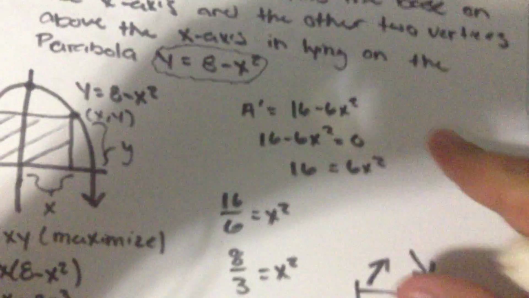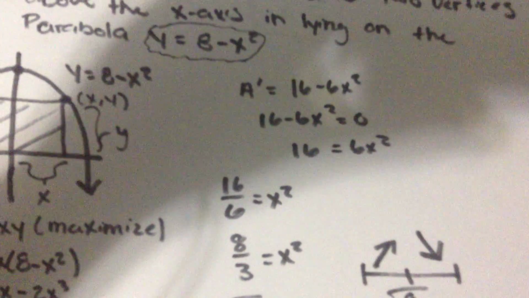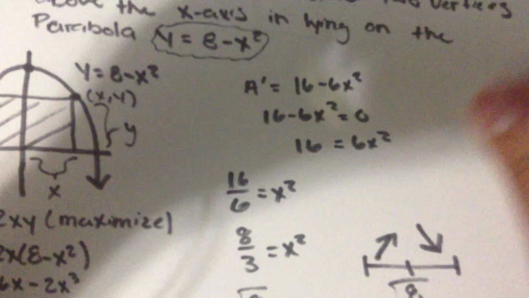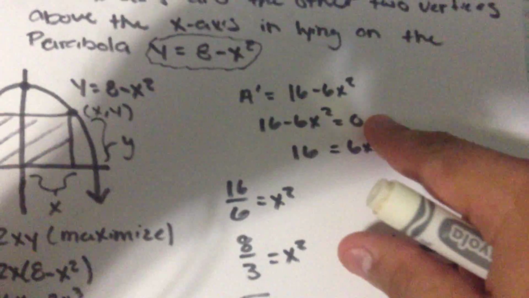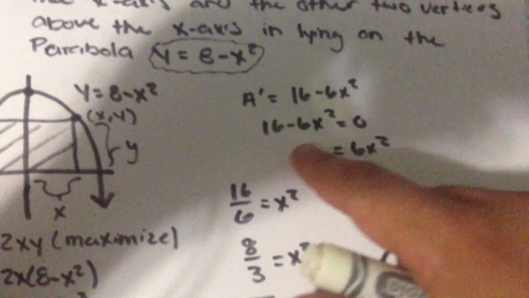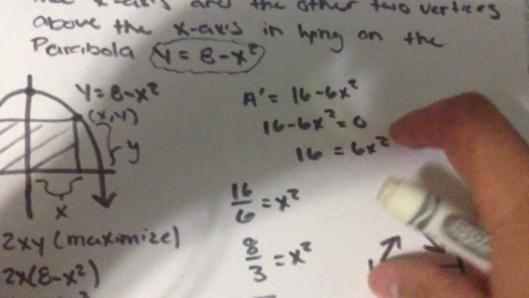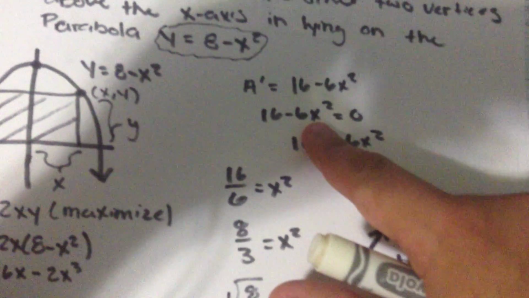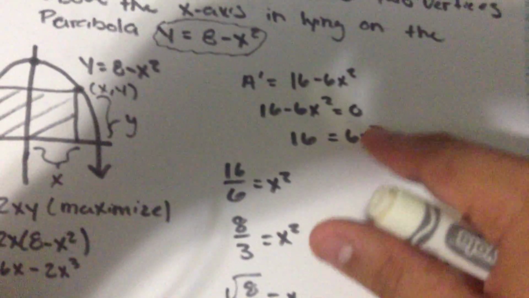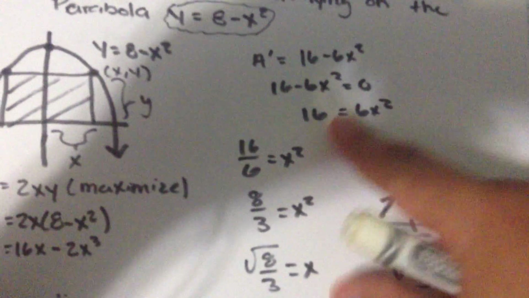So just like before, we find the derivative, 16 minus 6x squared, and then find the critical numbers. So you set it to 0, so 16 minus 6x squared equals 0. And so it looks like we could add 6x squared to the other side and leave 16 on the left.